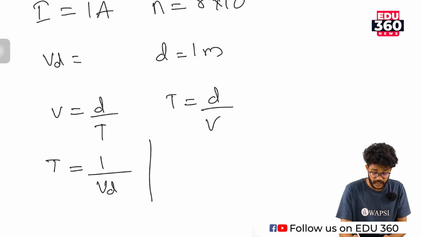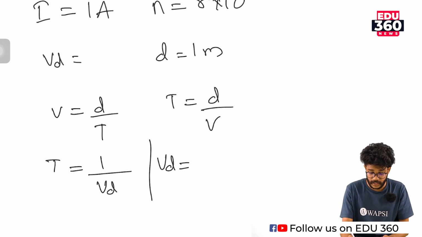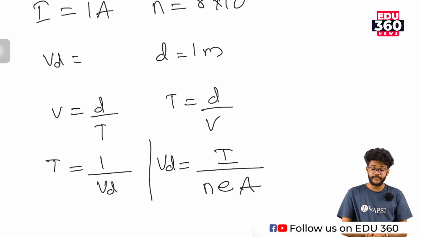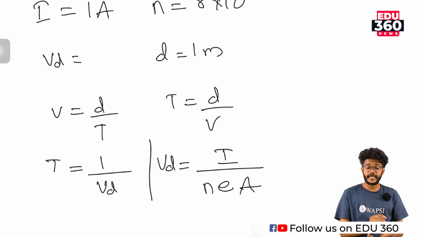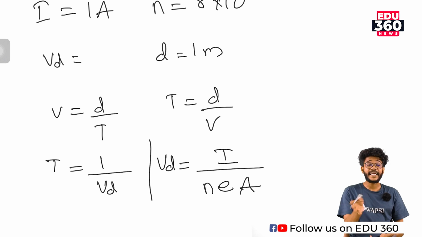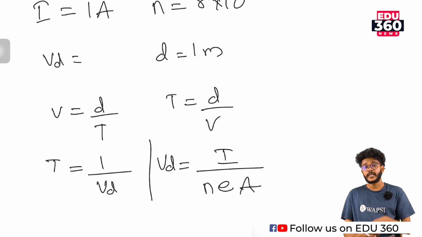The equation for drift velocity Vd is nothing but I by NEA. N is the number of charges in unit volume, E is the value of the charge, I is the current, and A is the area of cross section of the wire.